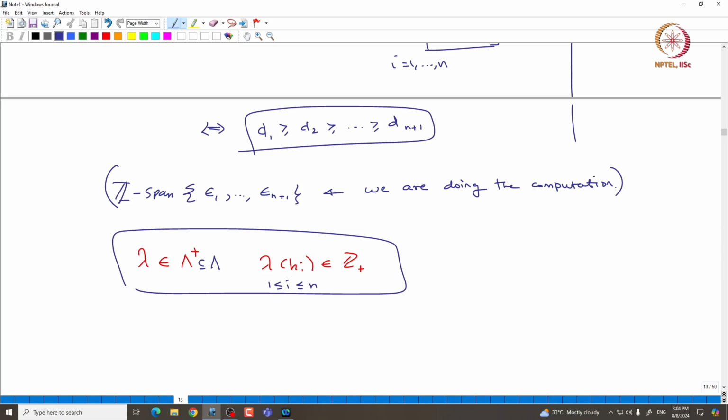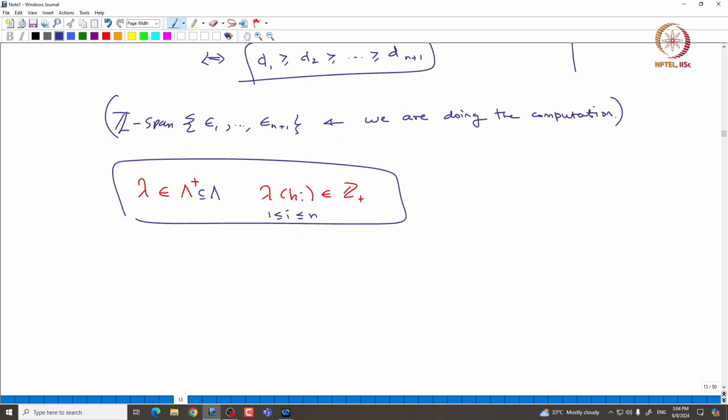So, the lambda of hi are all integers. If I write lambda in terms of the omega i's basis, then it is given by summation lambda of hi omega i, where i ranges from 1 to n.